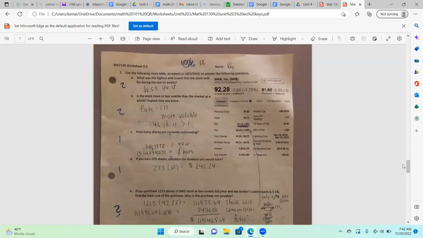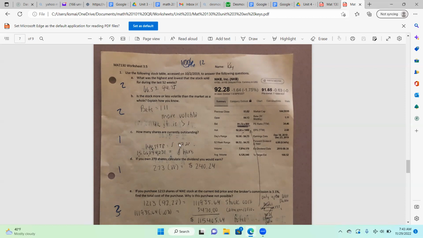Worksheet 3.5 is over the stock table. So this is the Nike stock. It says, what was the highest and lowest that the stock sold for during the last 52 weeks? And there is the 52-week range. Is the stock more or less volatile than the market? The beta is 1.11, which means it's more volatile than the rest of the market because it's bigger than 1.